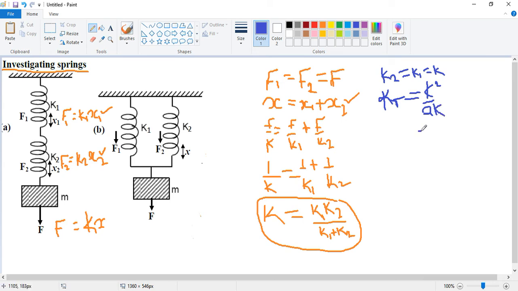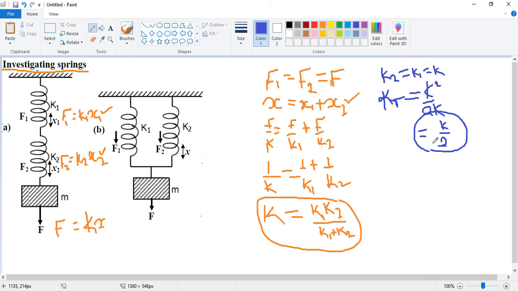So it means the effective spring constant, if springs are in series, will be half of the spring constant of just one spring. If you have two springs in series, the effective spring constant is actually half the spring constant of just one spring.